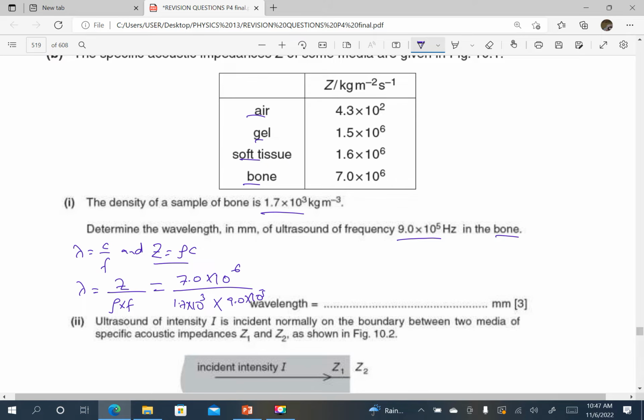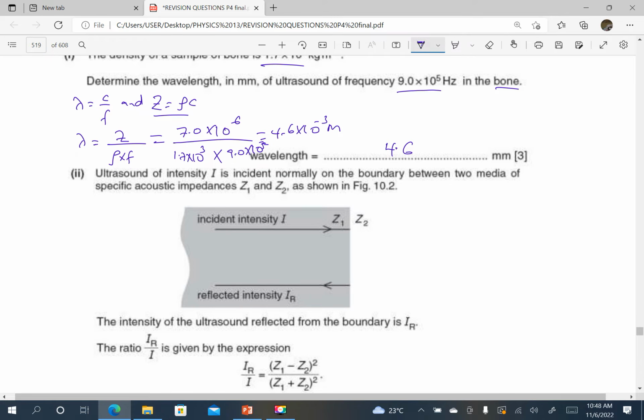Our answer turns out to be 4.6 times 10 power negative 3 in meters. So when I multiply by 1000, I get 4.6 millimeters. So the wavelength in millimeters is 4.6.